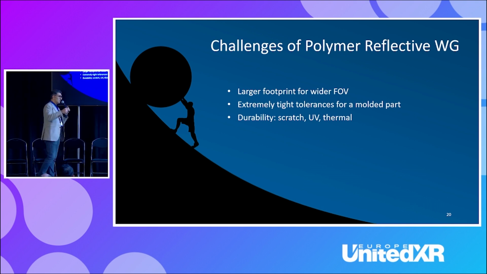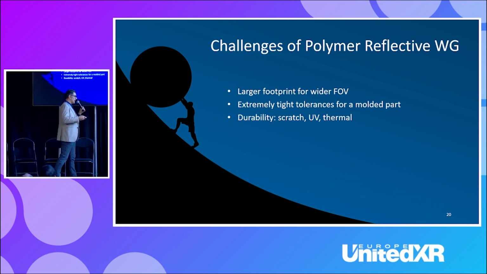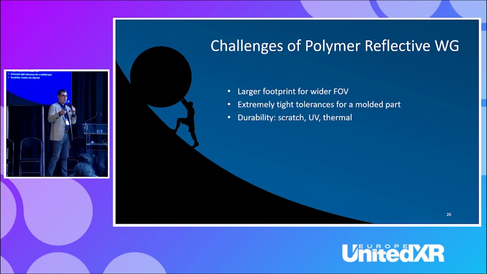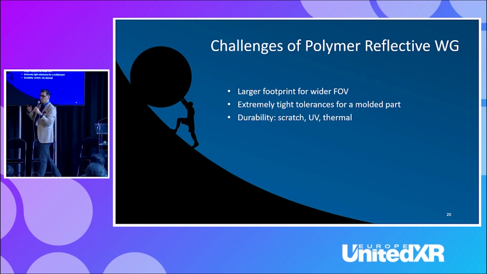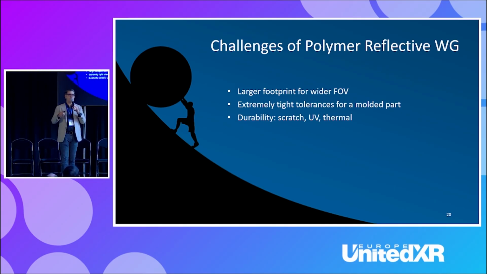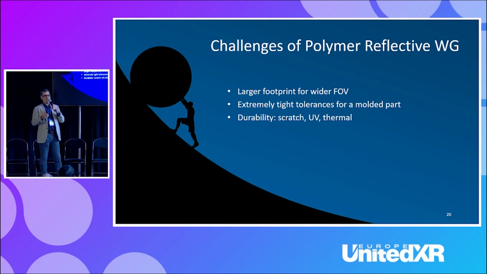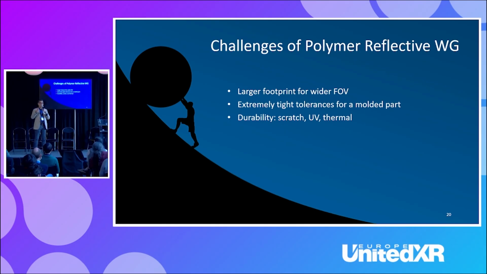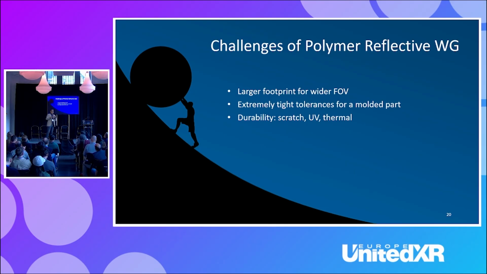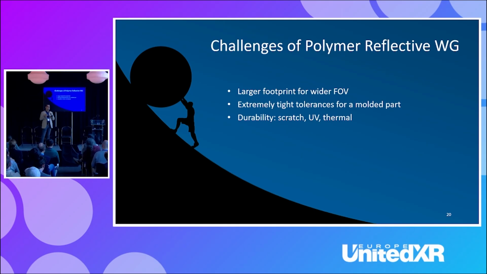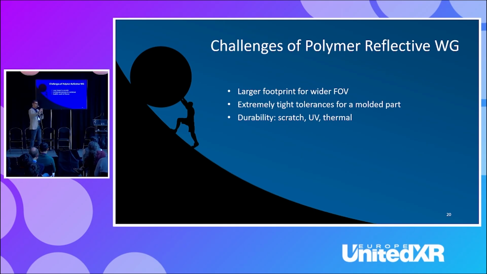You need extremely tight tolerances. This is what I explained before. And I'm not going to throw out numbers here, but it's super, super tight. I mean, we're talking like aerospace levels of tolerances that you need, and we're trying to do that for a product that we're actually, and I will throw out a number here, we can get sub $10 waveguide prices in volume with our technique.